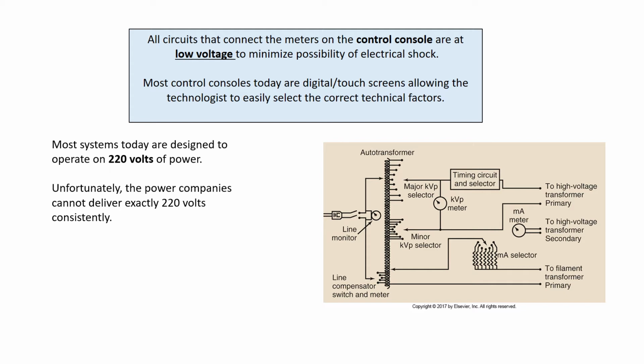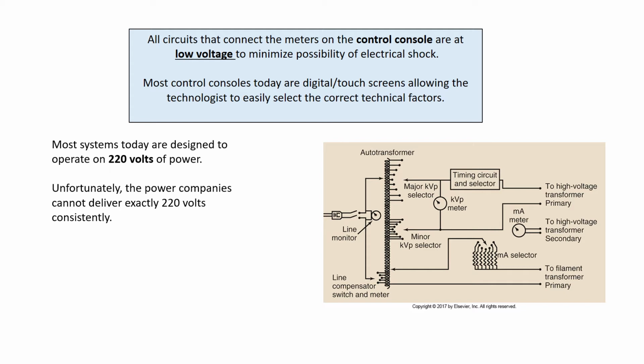Because the voltage coming from the power company is eventually going to be fed into what we call the step-up transformer, which is going to bring you to your kilovoltage level. There's a formula that we learned about transformers: we compare the voltage on the secondary side to the voltage on the primary side. If it's a step up, the voltage on the secondary side is going to be increased to a certain number.